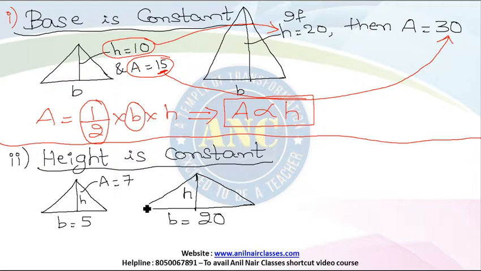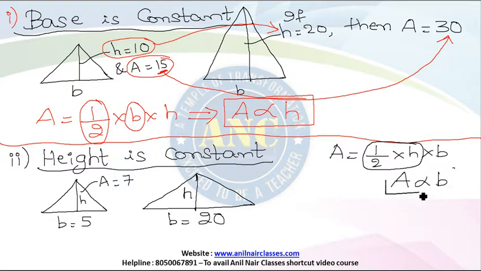Now can I say that the same logic I am implementing here also? Area is nothing but half into base into height. Half and height are constant. That means area is directly proportional to base. If the height is constant, area is directly proportional to base.